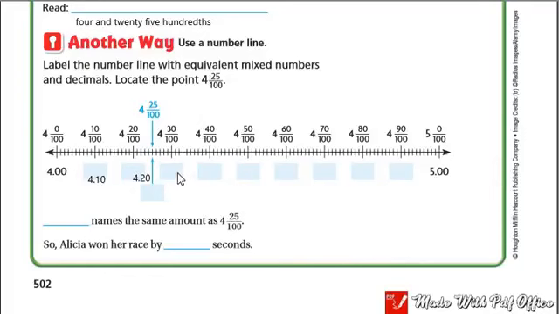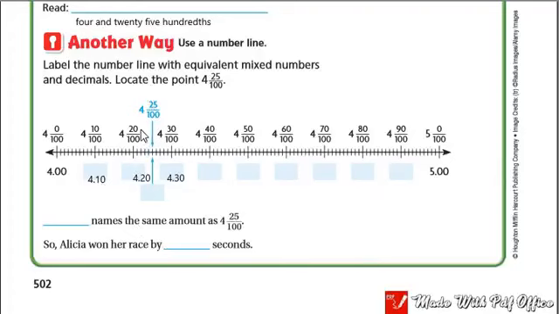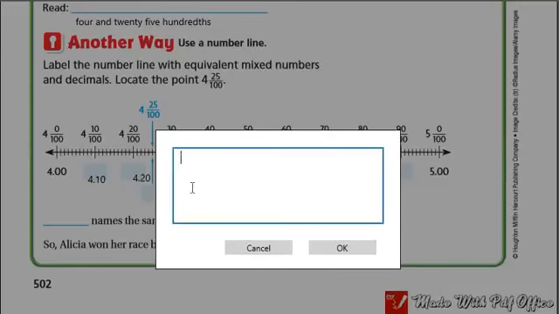Do you see? This is 4 and 30 hundredths. So 25 is actually between 20 and 30, in the middle, exactly. So here we can write 4 and 25 hundredths.